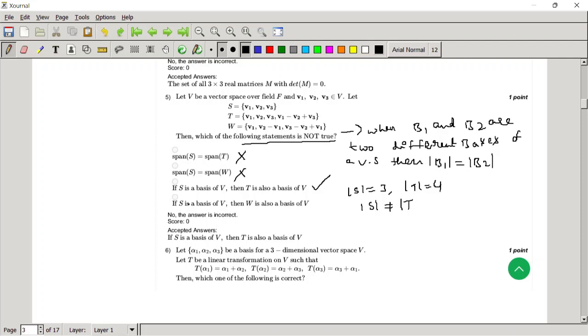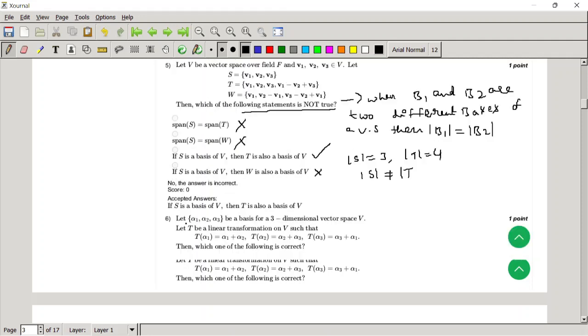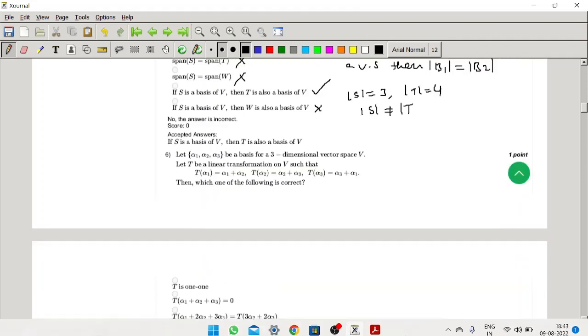So from the second option we can say whenever S is a basis of V, then W is also a basis of V. So the fourth option is also correct, but according to the statement, it is asked for the incorrect option. That is about the fifth problem.